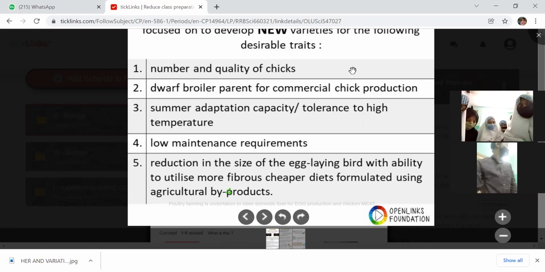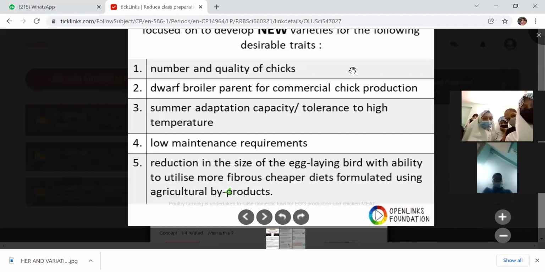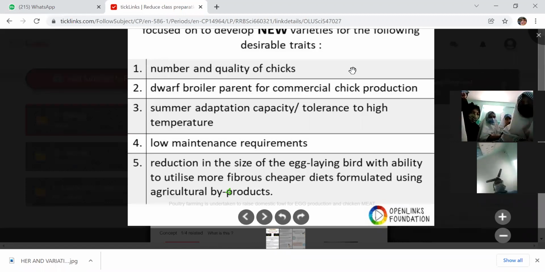And what is the last, the fifth one? Reduction in size of the egg-laying bird with ability to utilize more fibrous, cheaper diets formulated using agricultural byproducts. So the size of egg-laying birds started reducing.